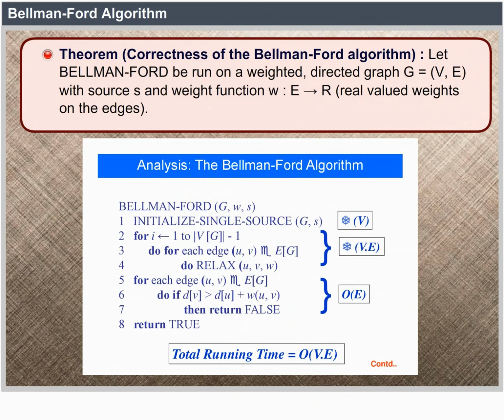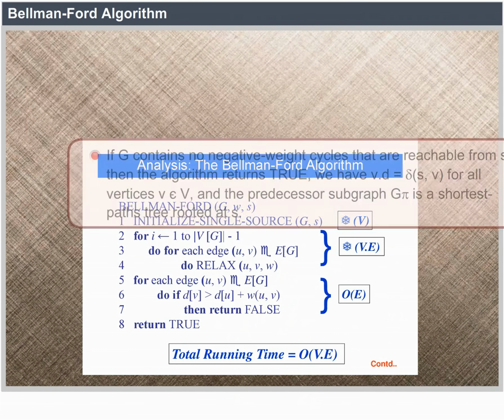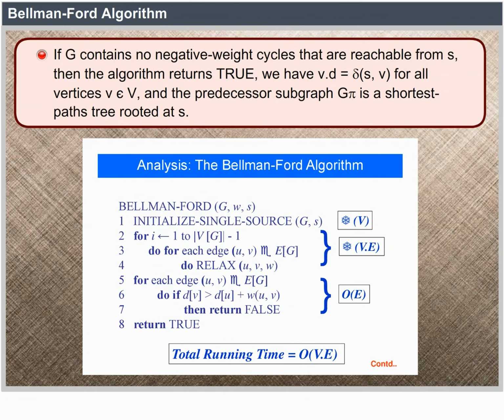Theorem. Correctness of the Bellman-Ford algorithm. Let Bellman-Ford be run on a weighted directed graph G = (V, E) with source s and weight function w: E → R, real valued weights on the edges. If G contains no negative weight cycles that are reachable from s, then the algorithm returns true.